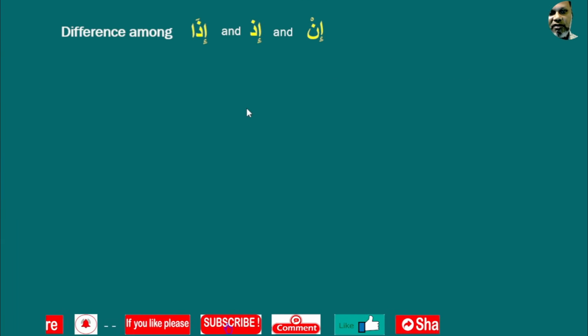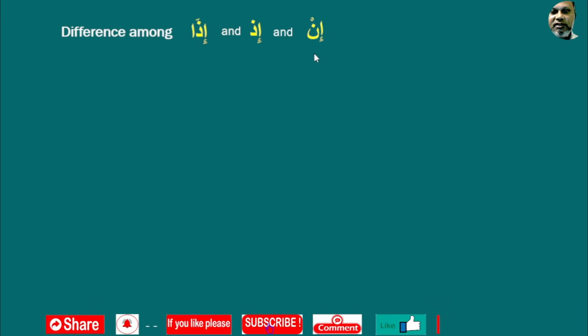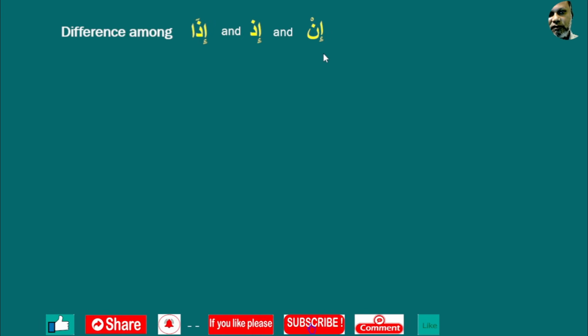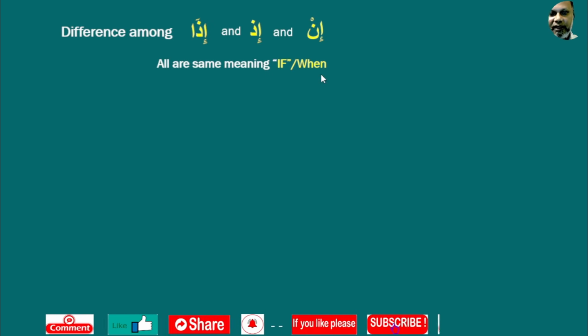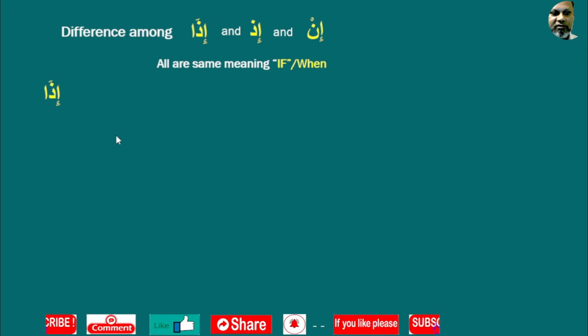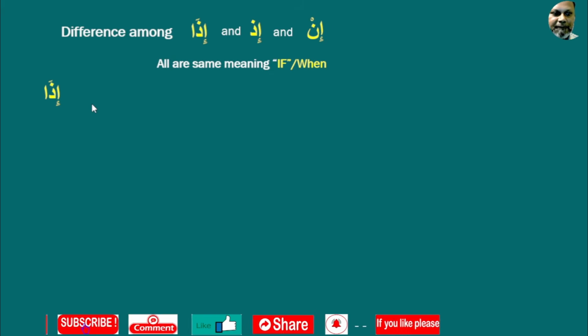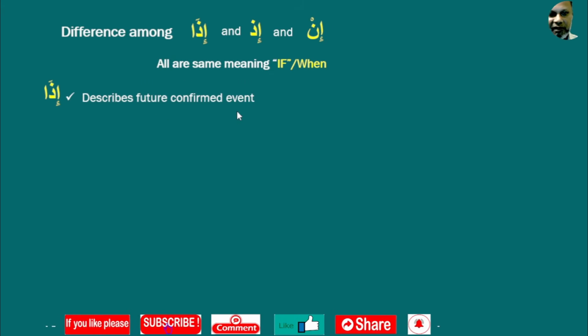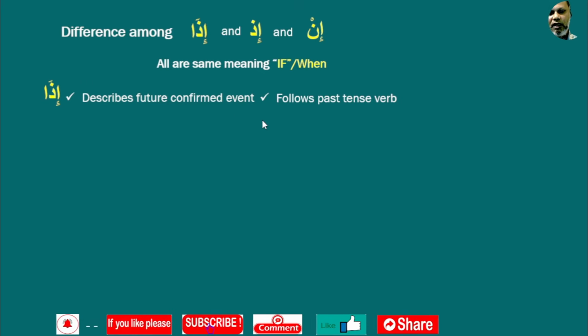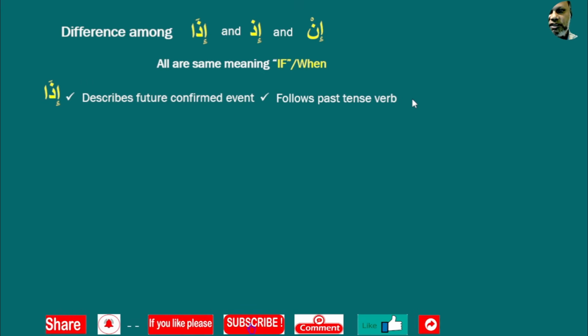Now we will see the difference between iza, in, and idh. All have the same meaning, if or when. Then what is the difference? Iza describes a confirmed future event, and it follows a past tense verb.